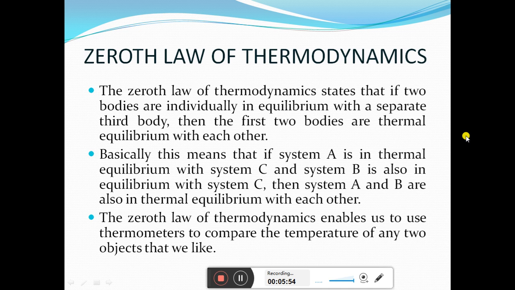Basically, this means that if system A is in thermal equilibrium with system C, and system B is also in equilibrium with system C, then system A and B are also in thermal equilibrium with each other. The zeroth law enables us to use thermometers to compare the temperature of any two objects that we like.